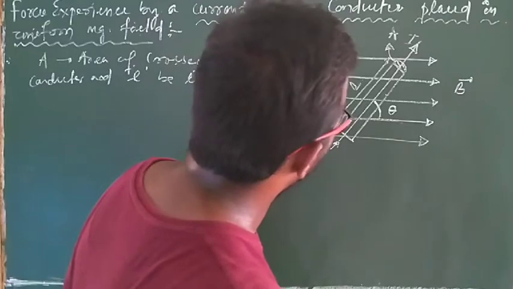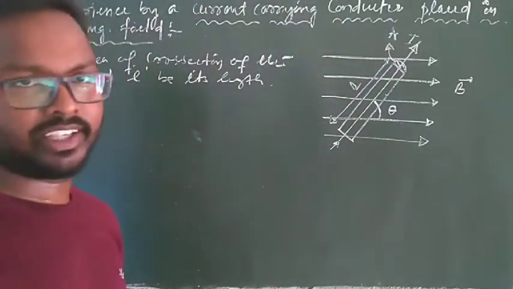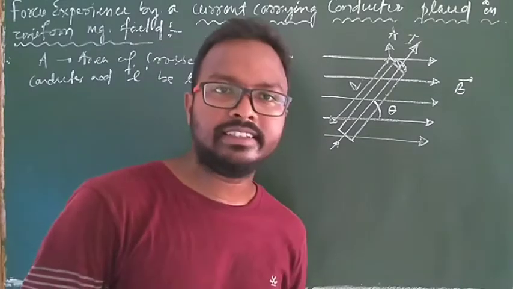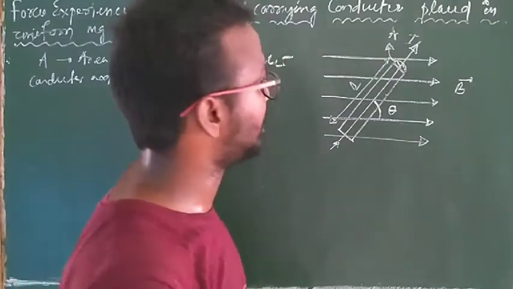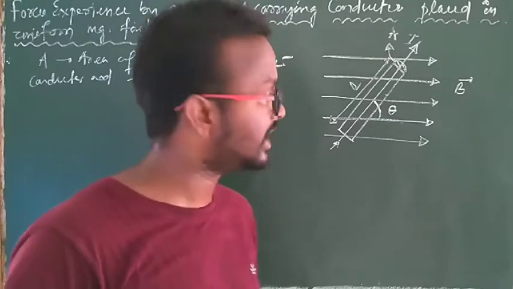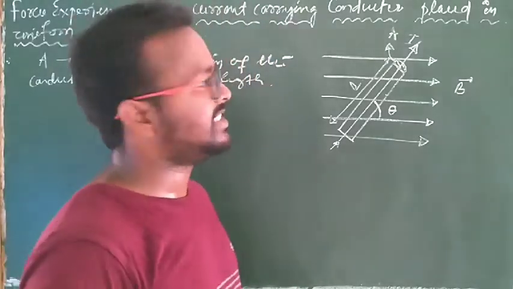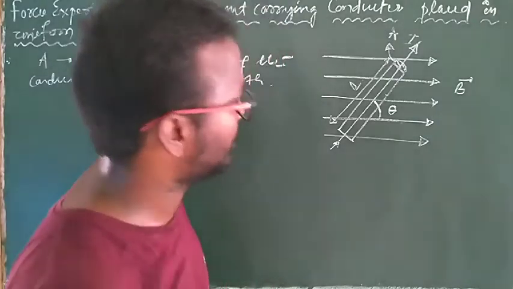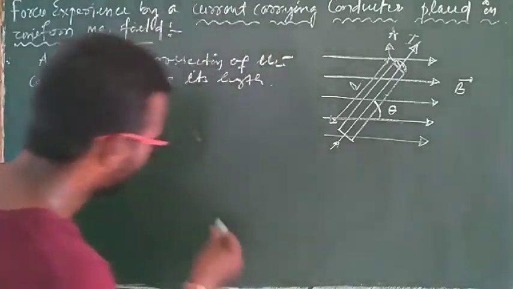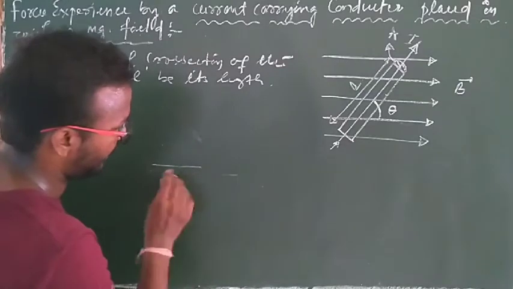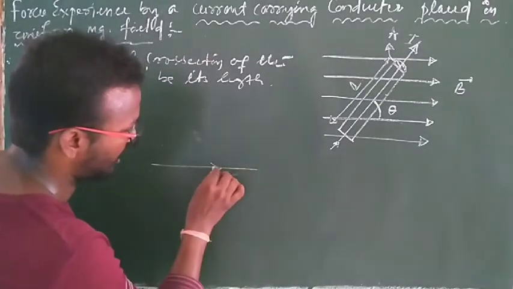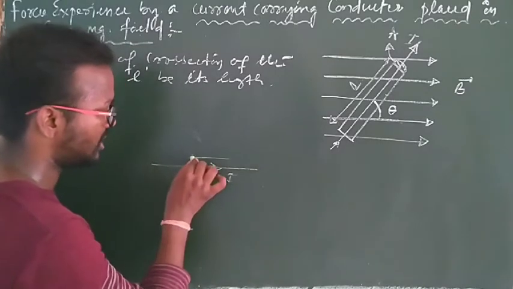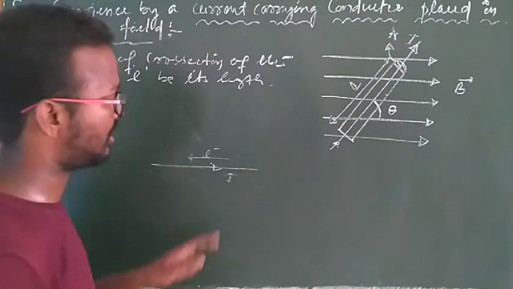Clear? Okay. We know what current is. Current means the flow of charge. If there is a charge flowing through the conductor, then current develops inside the conductor, so the charge carrier inside the conductor, that is electron or proton, we can take positive charge or negative charge. Clear? If this is the direction of current I, then the direction of electron is always opposite to the direction of current.